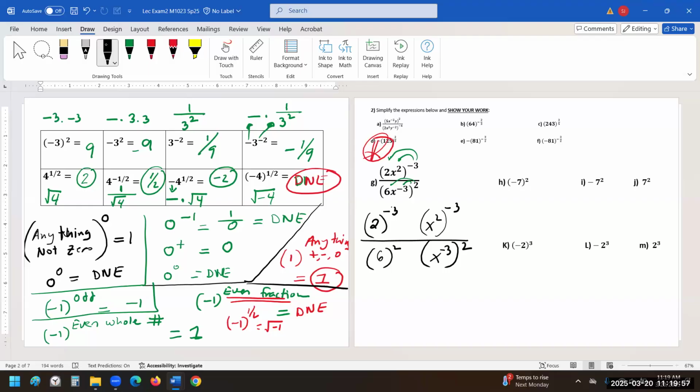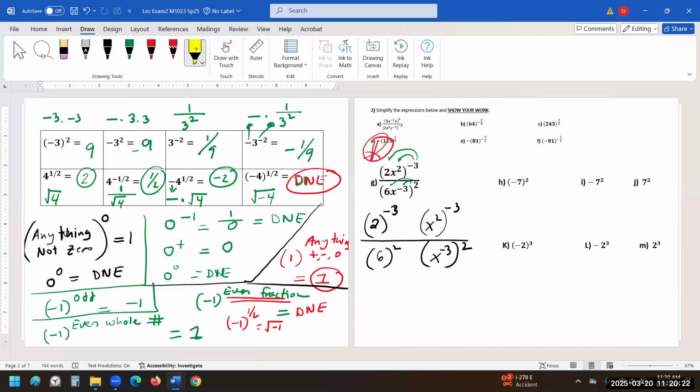And then many people thought 2 with the negative 3 power is negative 8, which is completely wrong. It's not negative 8. Negative power means it's a fraction, so you have to bring it to the denominator. That's what I said. Don't do anything until you convert your negative into positive, because definitely you're going to make mistakes in most cases.